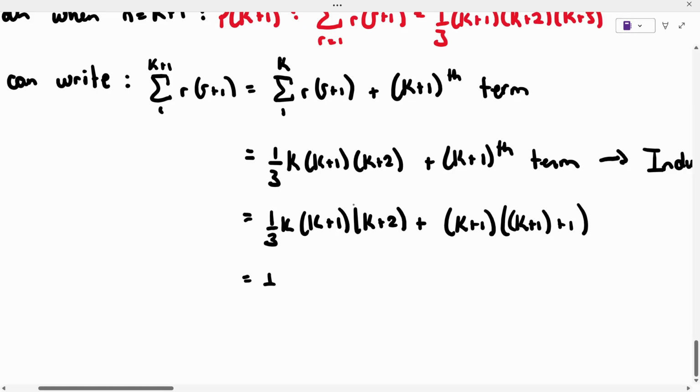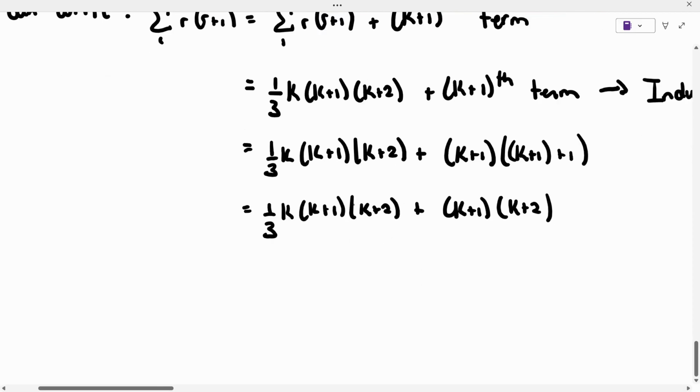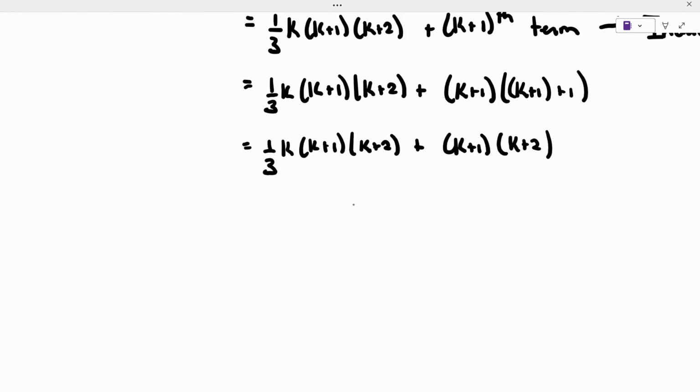What do we have? We have 1/3 k into (k plus 1) into (k plus 2) plus (k plus 1) times (k plus 1 plus 1), which is, of course, k plus 2. Right. So let's factor out the common factor here. The common factor is (k plus 1) times (k plus 2). And what are we left with?